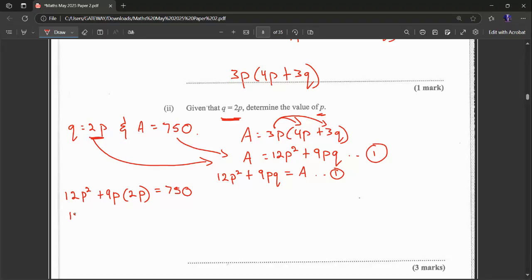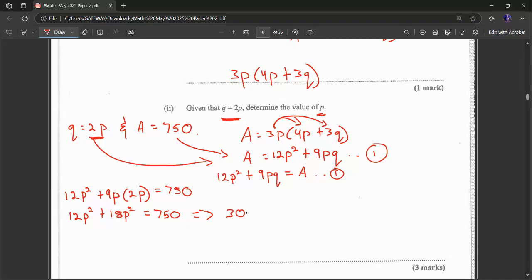So I now have 12P squared plus 9 by 2 is 18, and P by P is P squared, is equal to 750. Now 12P squared plus 18P squared is 20. No, it's 30P squared, my bad. 12 plus 18 is 30.